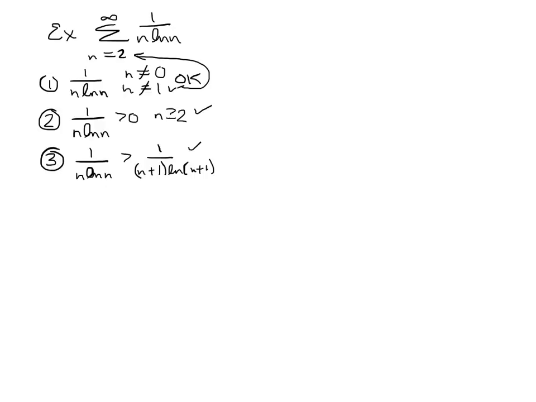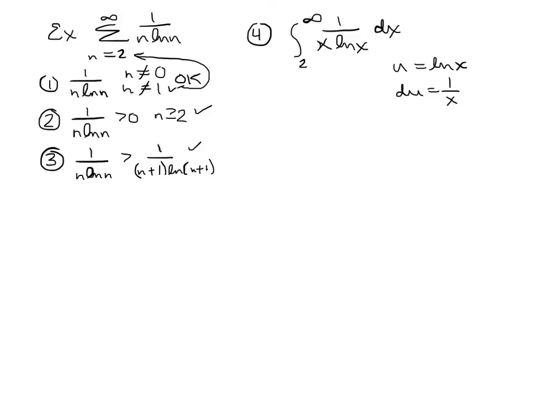And now we need to find the integral. And so the fourth thing, we need to integrate from 2 to infinity, same bounds as the sum, 1 over x natural log of x. I switched the variable to x's. We're used to integrating with x's. All right, so on this one, if I choose u as natural log of x, du would be 1 over x.